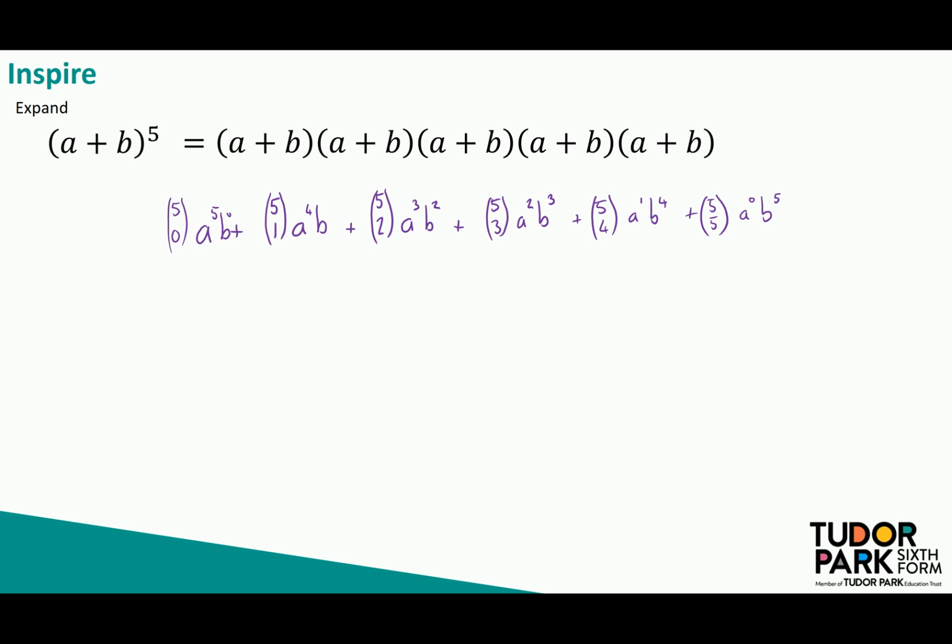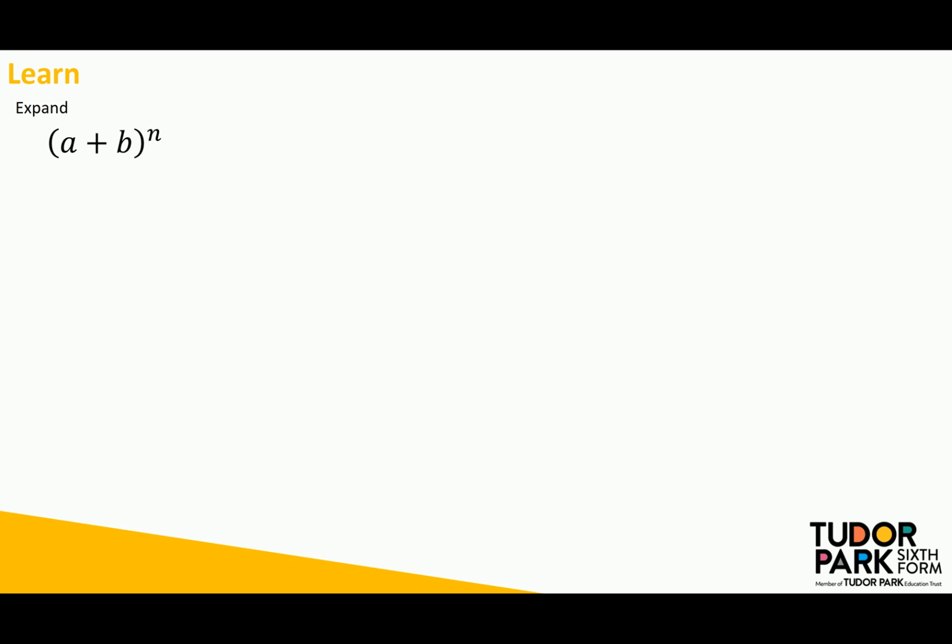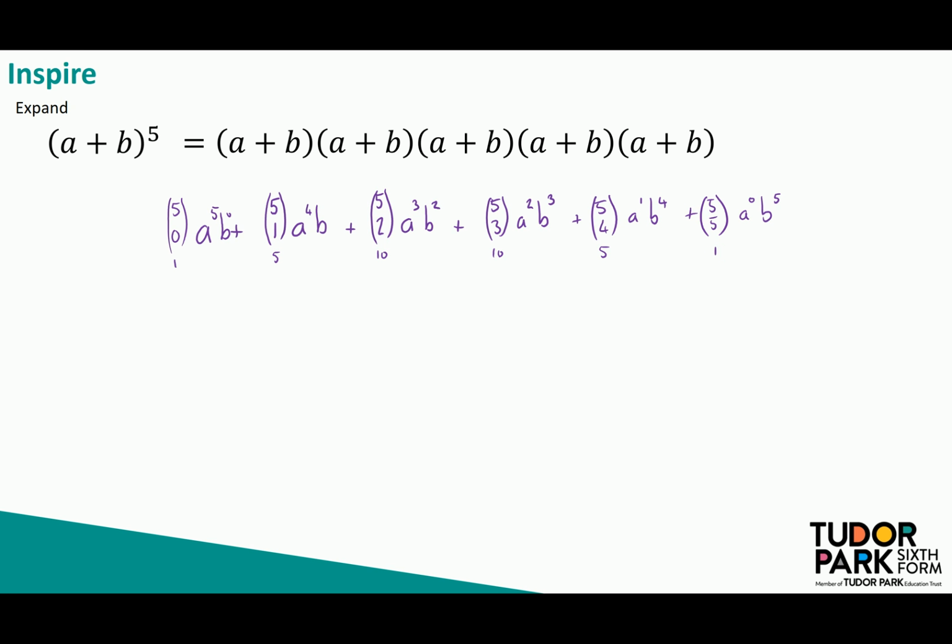Now these are things that we can work out on a calculator, or you can work out by using a formula, which we'll come to later in the video. But the coefficients here would be 1, 5, then 10, 10, 5, and 1. And that would be my answer.